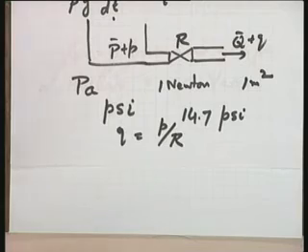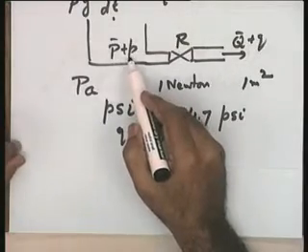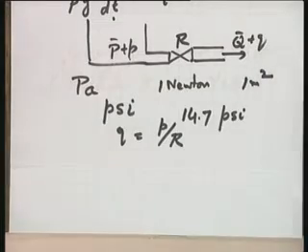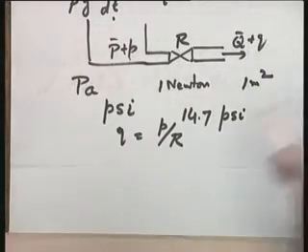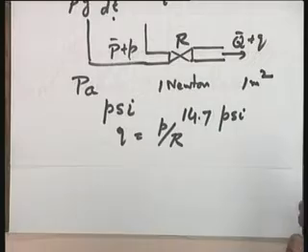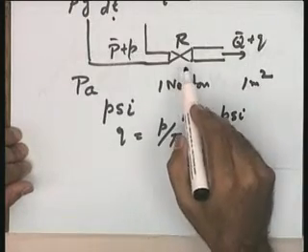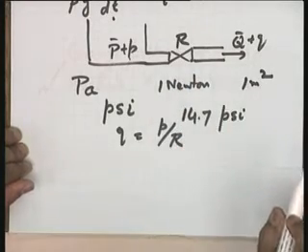That is why the reference has been taken as 0. In this particular case, of course, if you take this atmospheric pressure as absolute pressure, 14.7, you will cancel away and you will get the same value again. But to avoid this confusion, all through my discussion I will be taking the gauge units, and therefore the flow Q is equal to P divided by R, where R is the resistance offered by the orifice.